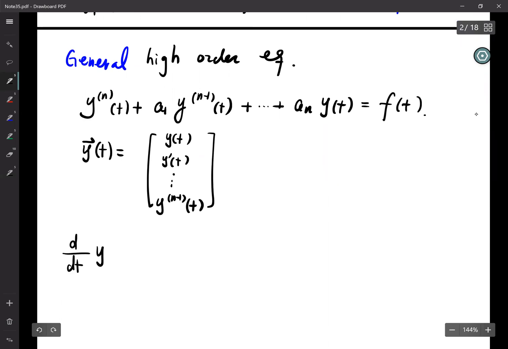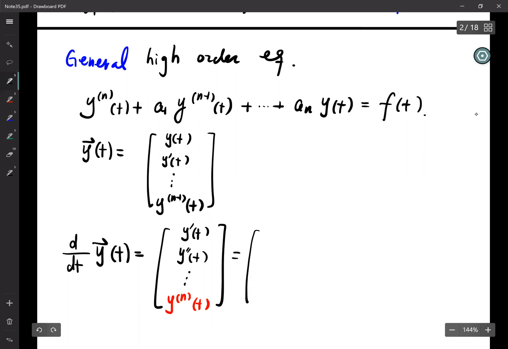Now I do d/dt y(t). So this one is y prime t, y double prime t, all the way to the nth order derivative, which is supposed to use the equation. The first n minus 1 rows always look exactly the same: 0, 0, 1, 0, and the last row is 0, 0, 1.